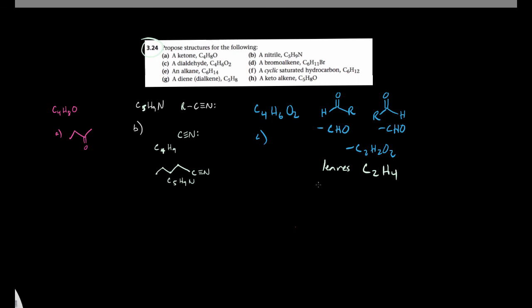So C2H4 would have 2 carbons there, and then I'll draw in the hydrogens, H4, 1, 2, 3, 4, and then we can attach our aldehydes here, like this. And now if we count them, we have 1, 2, 3, 4 carbons, so this is C4, H 1, 2, 3, 4, 5, 6, H6, O2. So that is our dialdehyde.